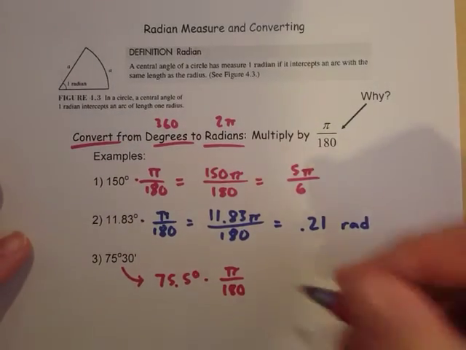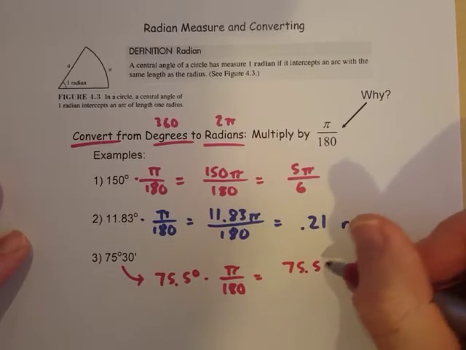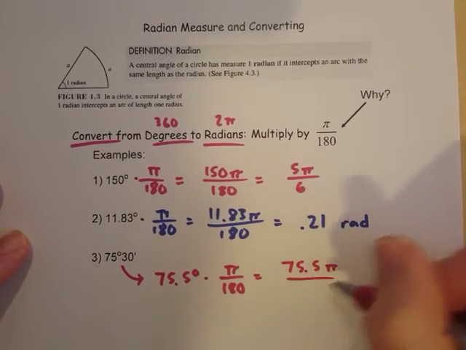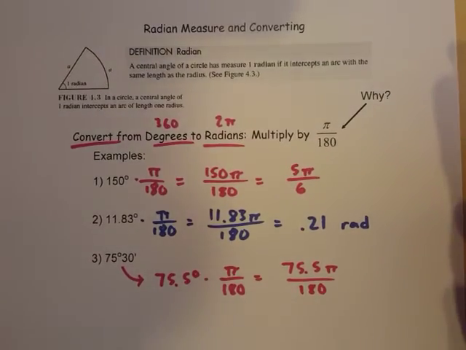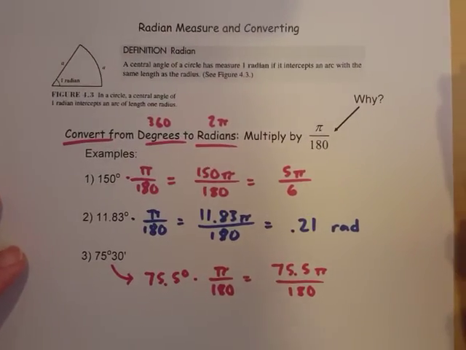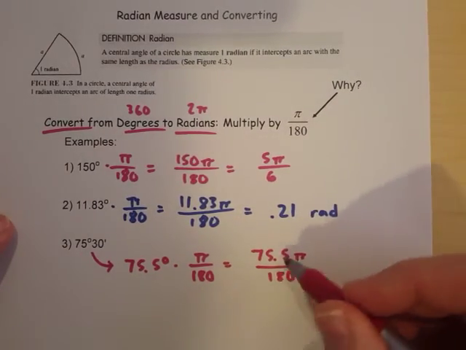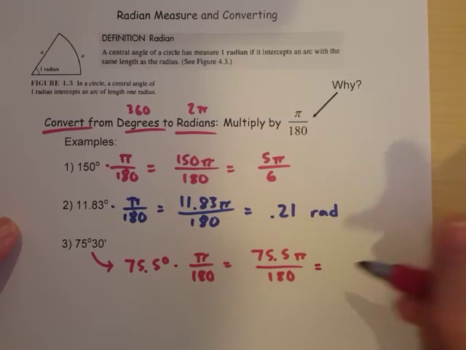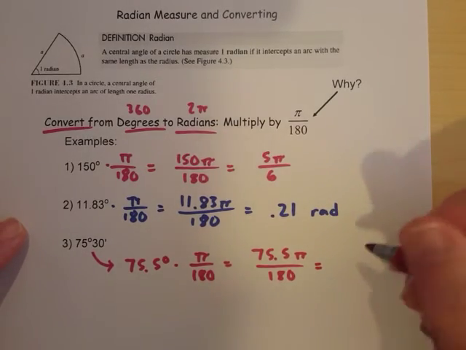All right, so we do that, we get 75.5 pi over 180. Now this one's a little weird because we're going to reduce this fraction to whole numbers, but it's going to seem like it's not really reducing because we're going up. We got to get it whole numbers, and so we actually have to multiply top and bottom numbers by 2 to get them to be whole numbers.